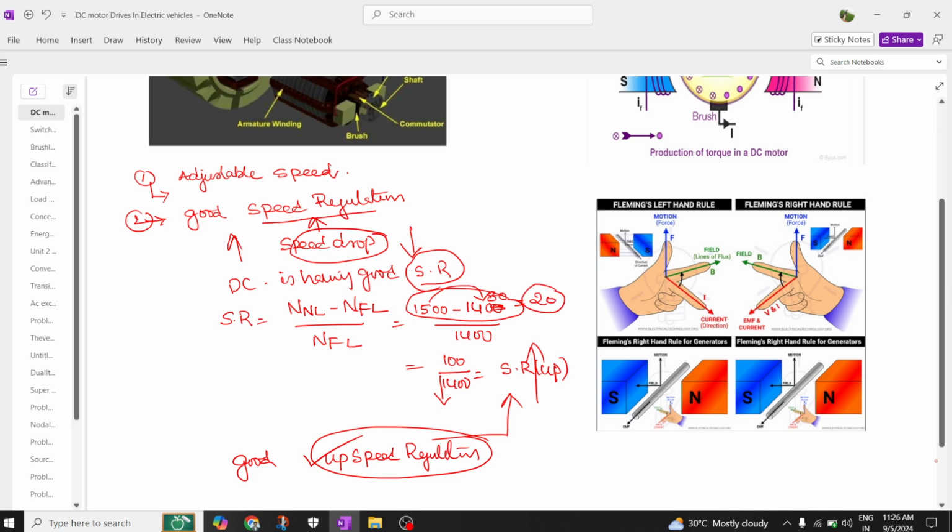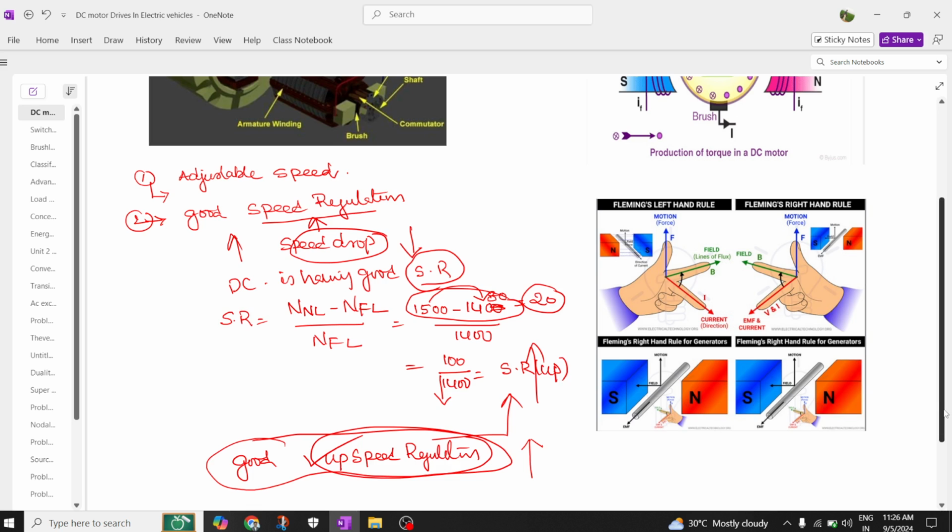For an increase of mechanical load, the vehicle has to supply the required power or torque in such a way that the speed difference is minimum. If the speed difference is minimum, our DC motor has good speed regulation.